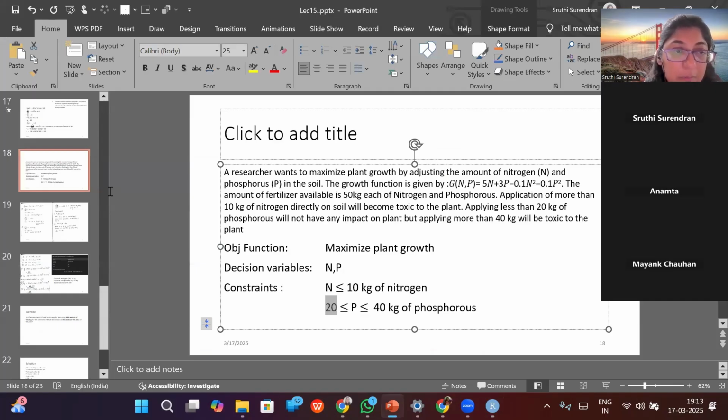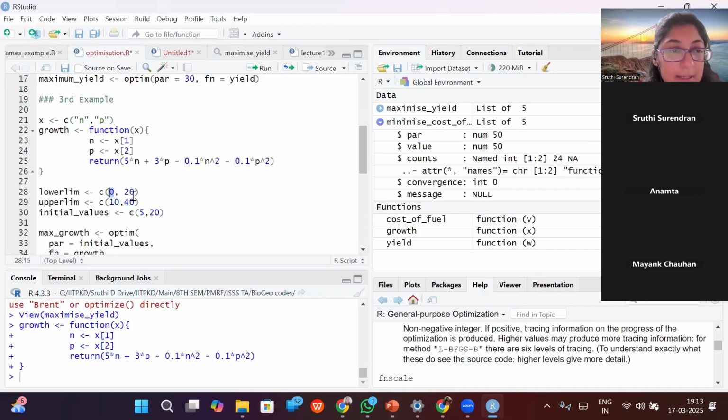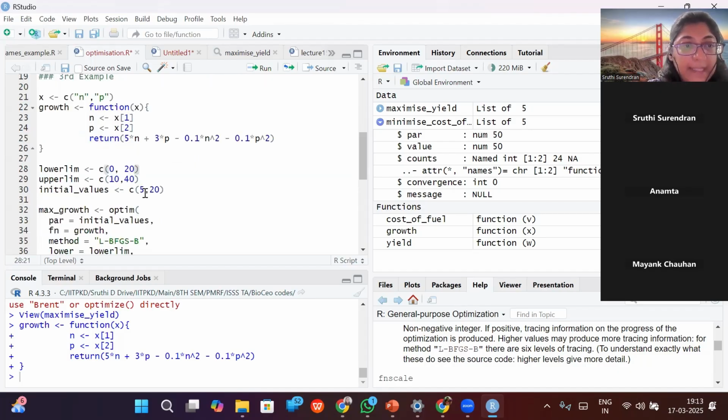The first value has to be the lower limit for nitrogen, and the second value has to be the lower limit for phosphorus. The upper limit is again 10 for nitrogen and 40 for phosphorus. You should be careful not to give the nitrogen values together and the phosphorus values together. We are giving the lower limits together and the upper limits together. And the initial value we'll give is going to be something like 5 and 20.